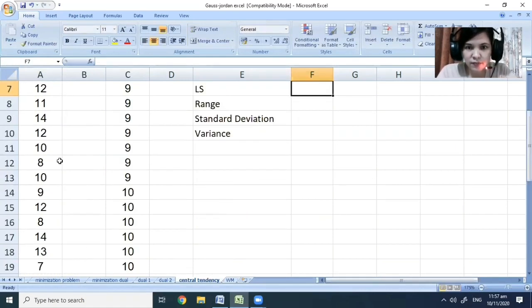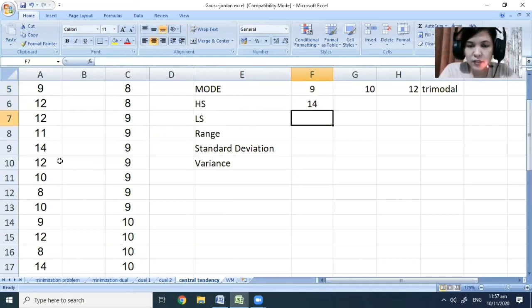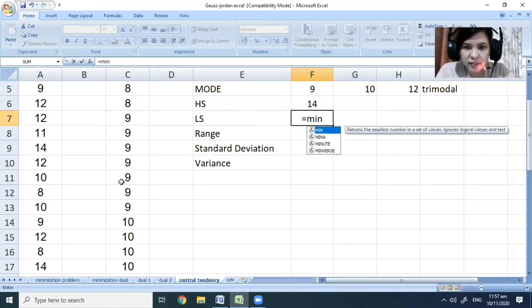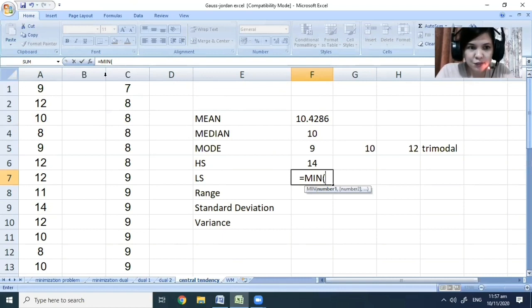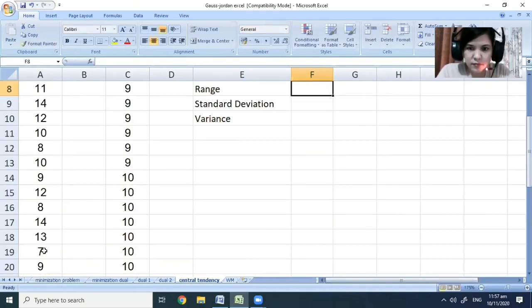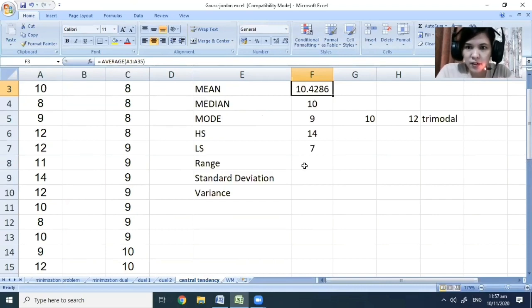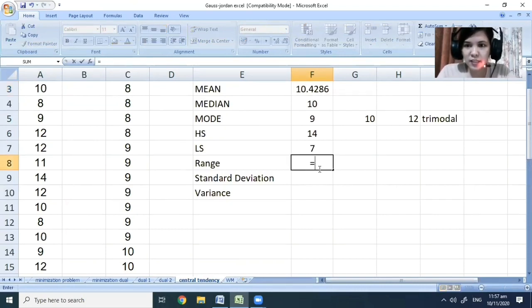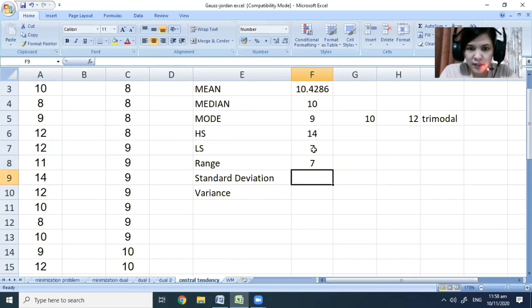Then click enter. Then for the lowest score, type equals, type min. Click the formula. Drag your data scores from A1 to A35 again. So that's your lowest score. To compute for the range, let's get the difference of the highest and the lowest score. So click this cell, then minus, click this cell, and that's the range.